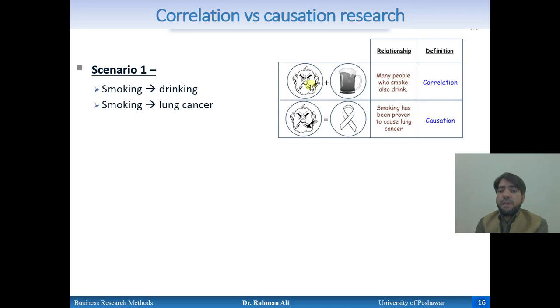So this kind of relationship comes under correlation research. But in another scenario, if you are a smoker, then it will lead you to lung cancer. The probabilities are high. So this is causation, that smoking will lead you to lung cancer.